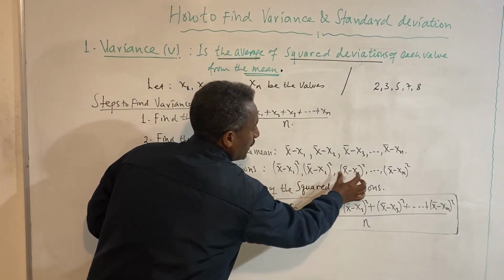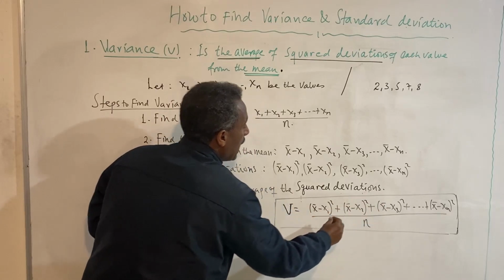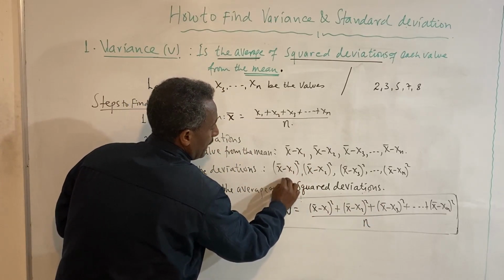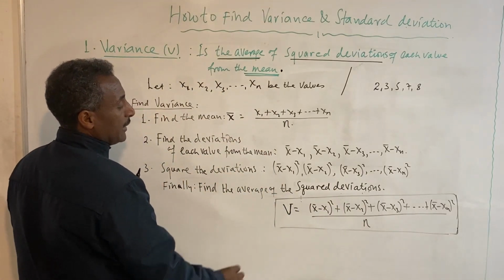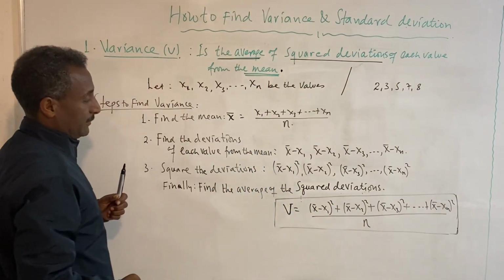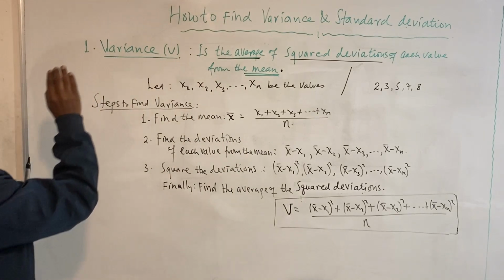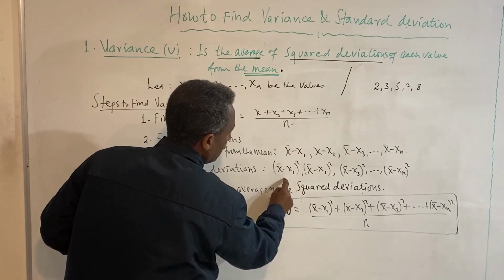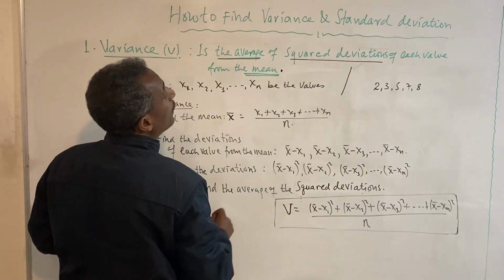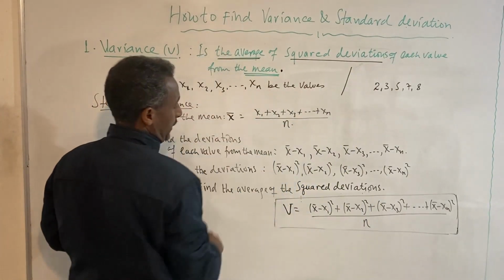We add these square deviations of each value from the mean, and we divide by the number of values we have. That's n. So that is what we call the average. So variance is the average of square deviations of each value from the mean.